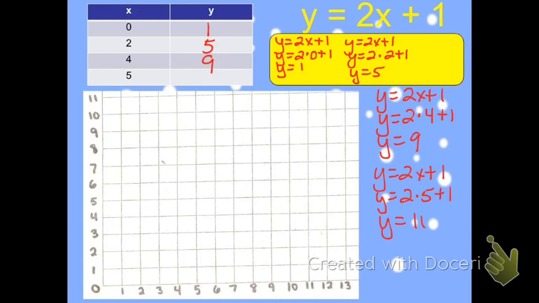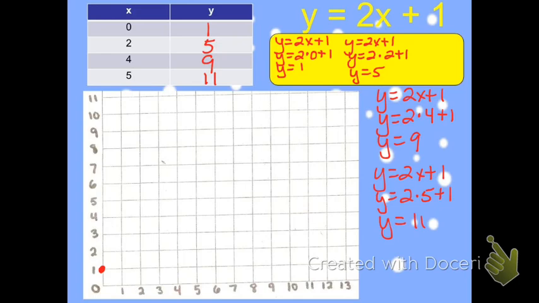Okay. So now we're ready to graph them just like what we just did. So our first one, remember 0, 1. So if it's 0, 1, there's a 0 on the x, which means it never touches the x. It never touches the x if it has a 0 for it. So it's going to be right here on the y. That's our first point. Okay?